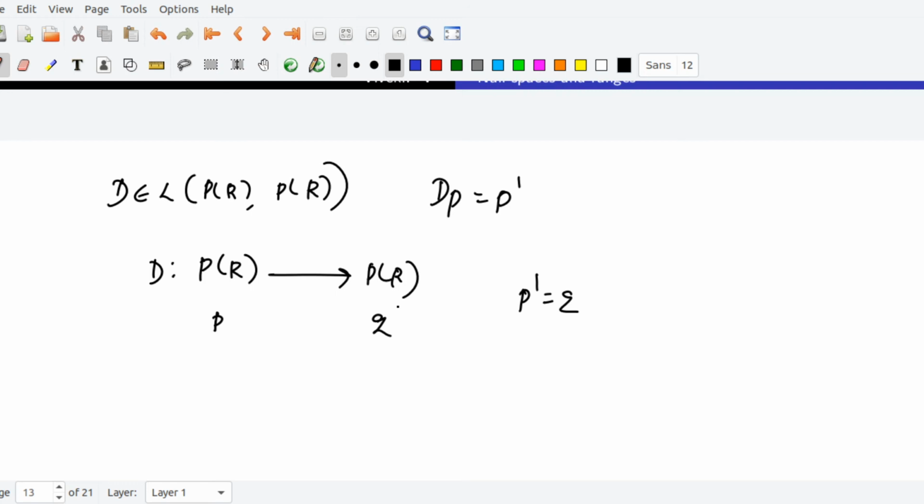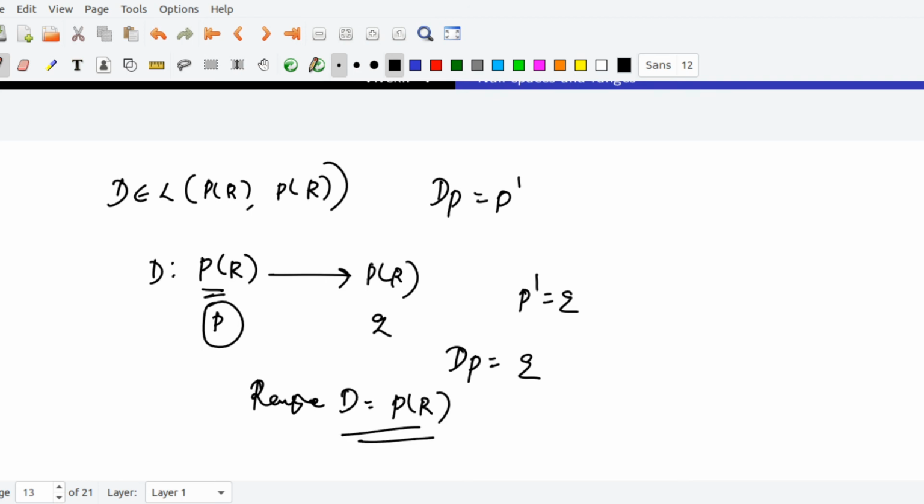So if you pick any polynomial from P(R), there exists a polynomial in the domain such that this q becomes the image of this p. So there always exists a p such that Dp equals q. Hence the range of D is the whole space P(R). Okay, clear.